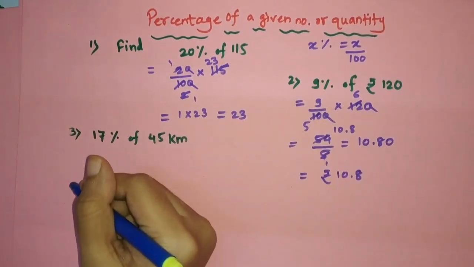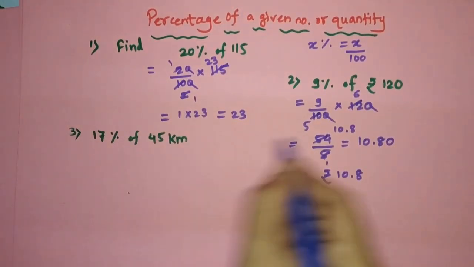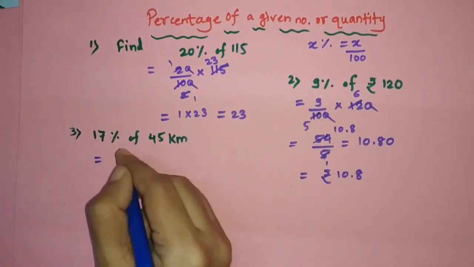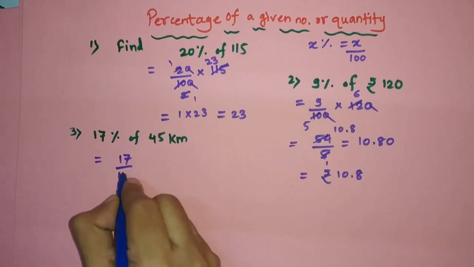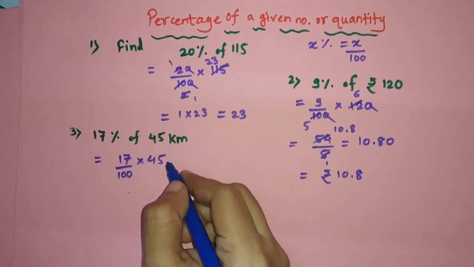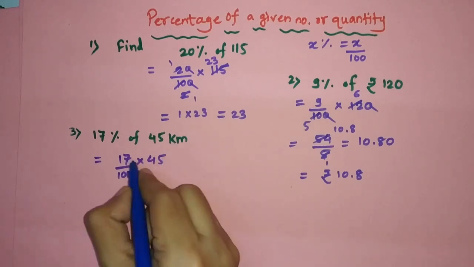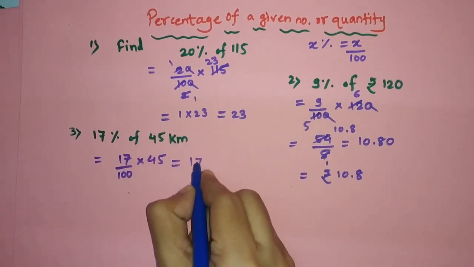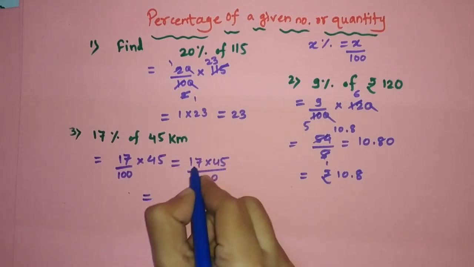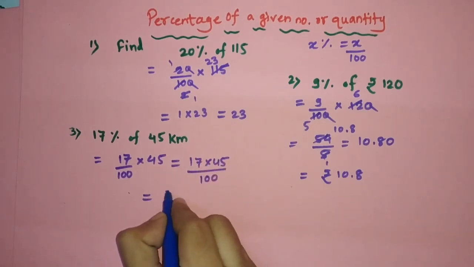Now, friends, 17% of 45 kilometer. Here you need to take 17% of 45 kilometer. So just multiply 17 into 45, and you'll get 765.